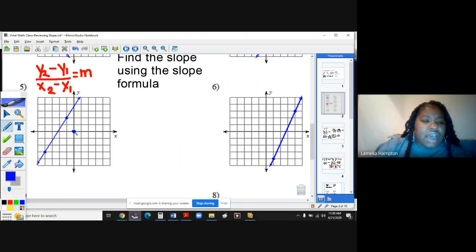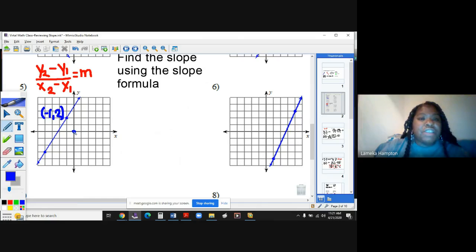I am going to go over 1 and then up 1, 2. So this point is going to be represented as (-1, 2), and I'll try my best to put it in parentheses. Remember, you always start at your origin, and if your number is positive, you go to the right on the x-axis.